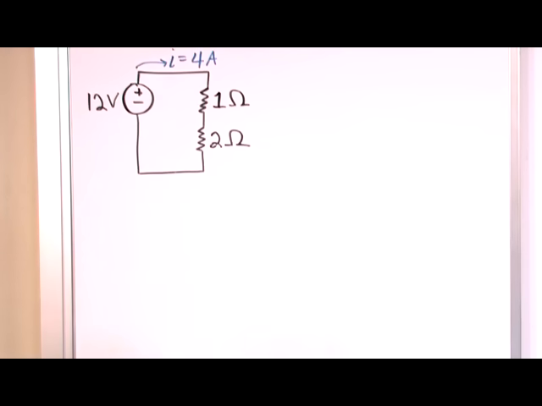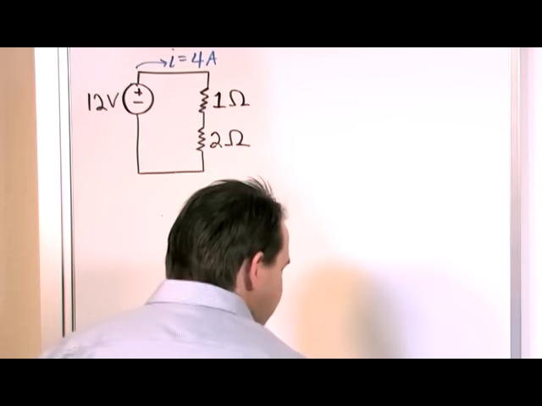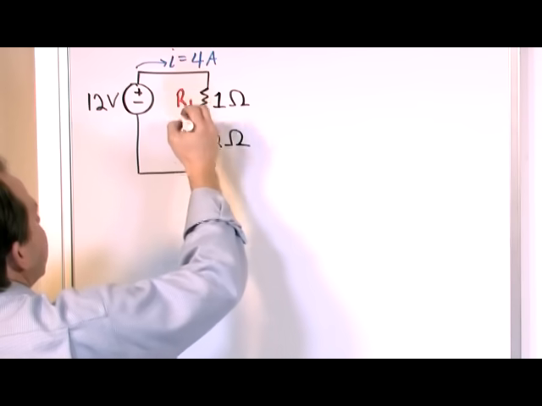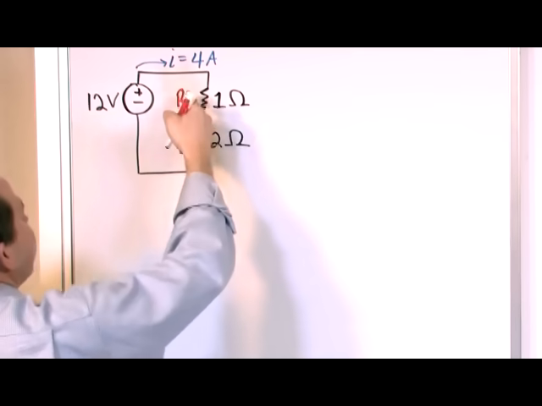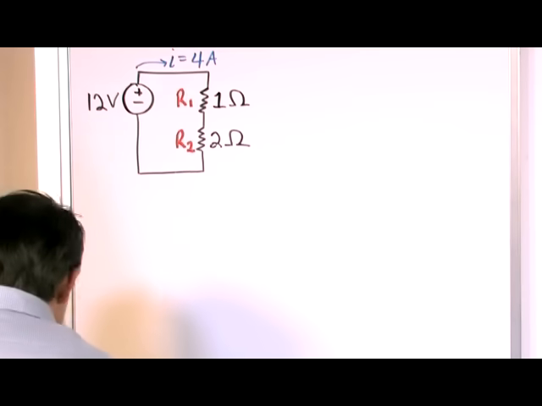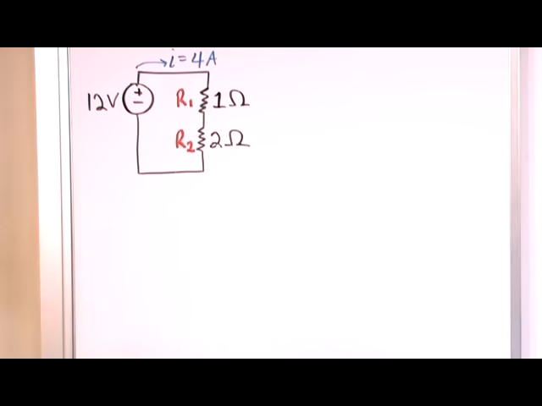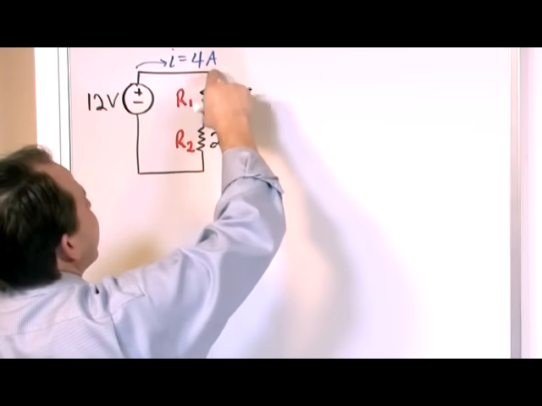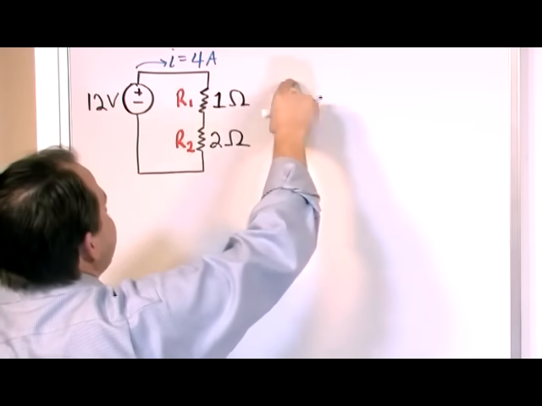So, question number 1. To make it easier to understand, let's call these R1 and R2, resistance 1 and resistance 2. Now, what is the voltage across resistance 1?